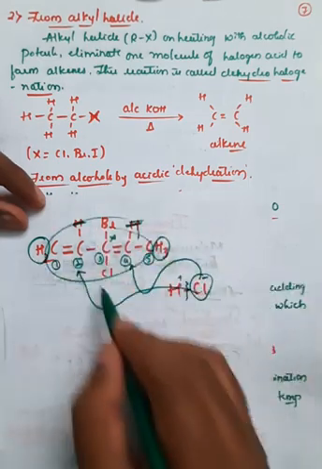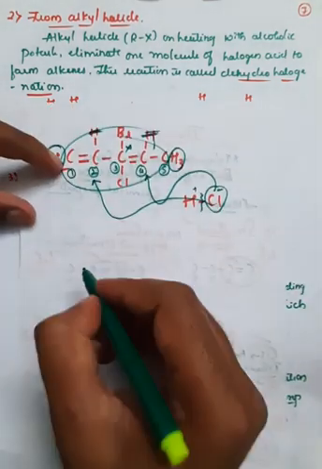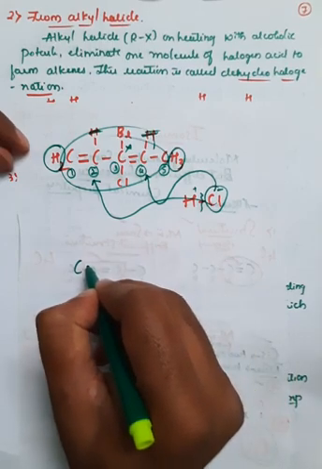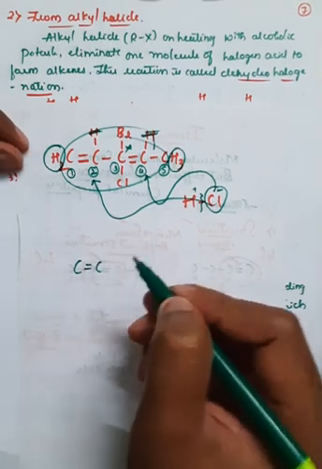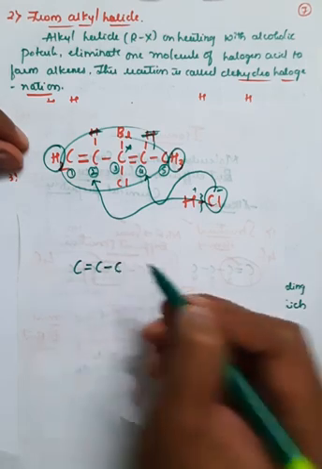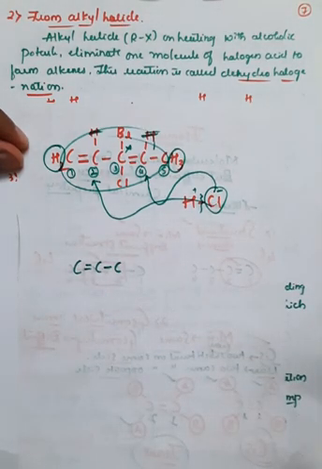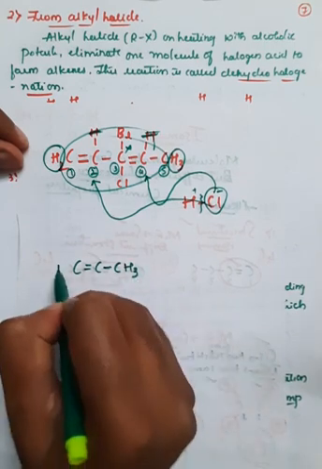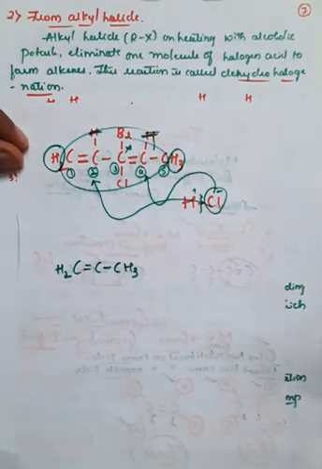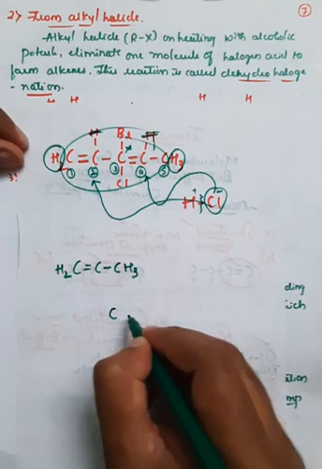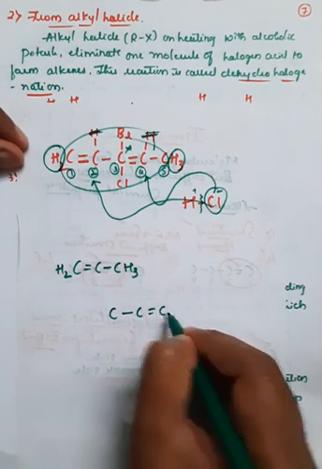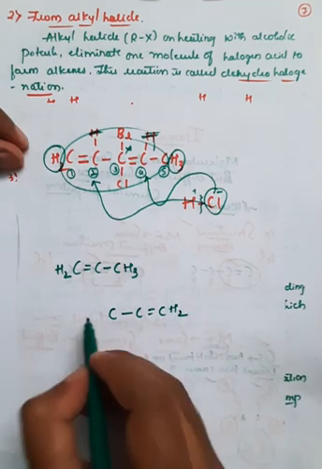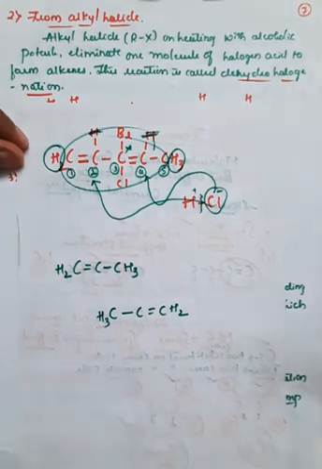If you get confused with this example, we will take one more example. That is carbon double bonded with carbon, single bonded with another carbon atom. Here this has CH3, this has CH2, right? Or else if you write like this, carbon double bonded with carbon, this has CH2, this has CH3, right?